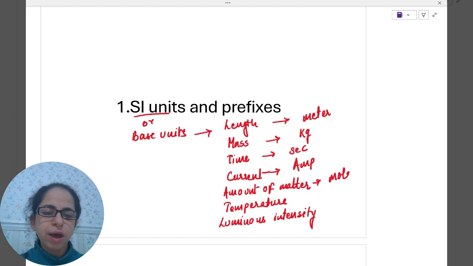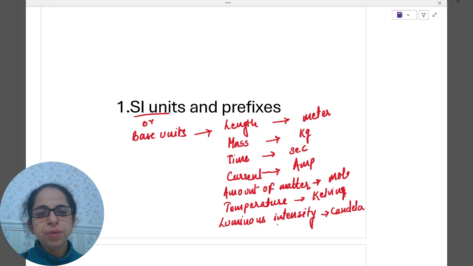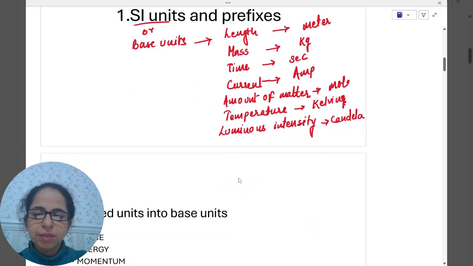Wherever you have current related things like charge, voltage, you should convert everything into amps because amps is the base quantity. Temperature is Kelvin, and luminous intensity is candela. The candela is a unit to measure the luminous intensity of anything that emits any kind of light: stars, light bulbs, all of that.